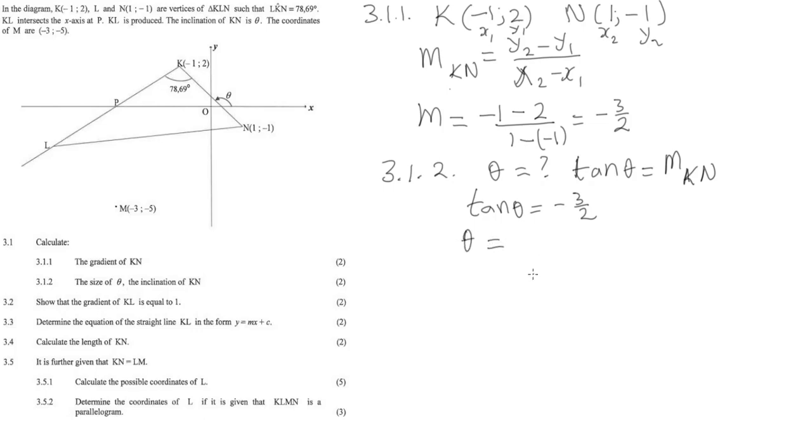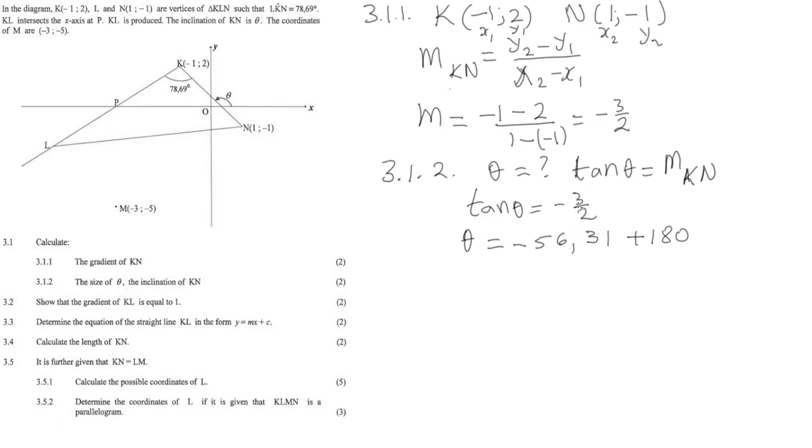You shift your calculator, then you press tangent, and then you press minus 3 over 2. Then you find the answer minus 56, comma, let's say 31. Because you have a negative angle, you add 180.